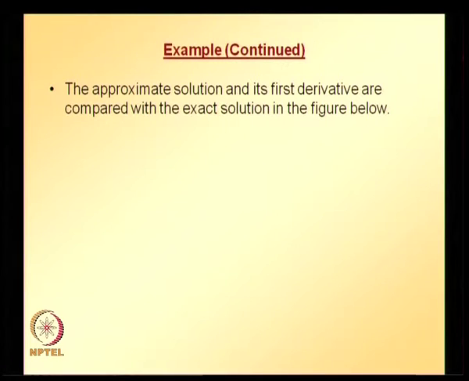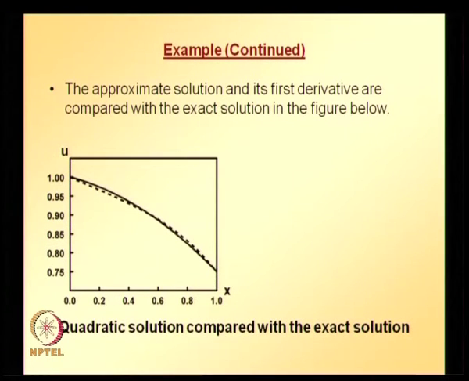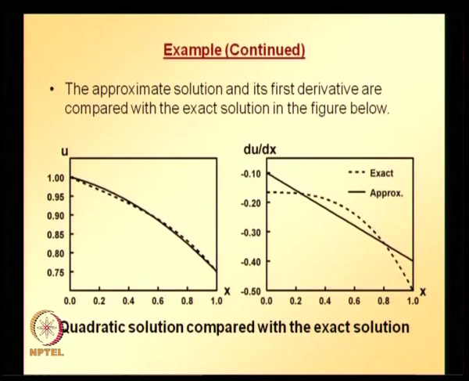And as we did earlier, we will see how the approximate solution and the exact solution match for u and also for the derivative of u. That comparison is shown here. This is where the 10% error is coming.